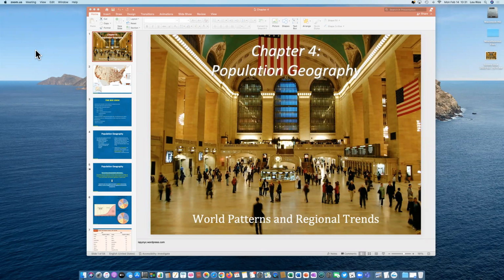In addition to population geography, obviously the main theme of the week, there is a population analysis homework, which sort of follows from last week's population data gathering homework, which was simply collecting data for the country that you were assigned.